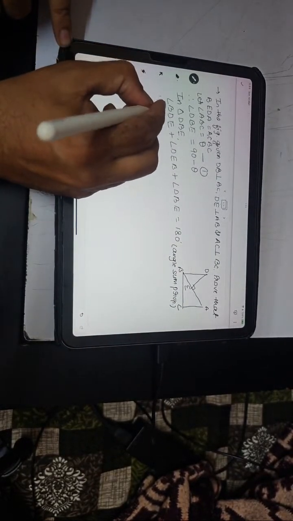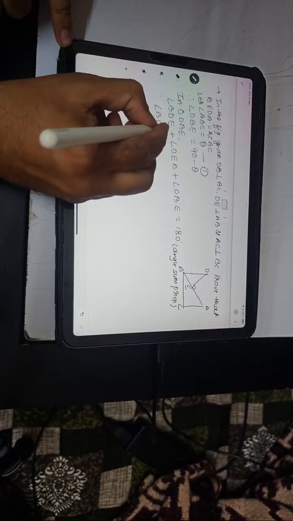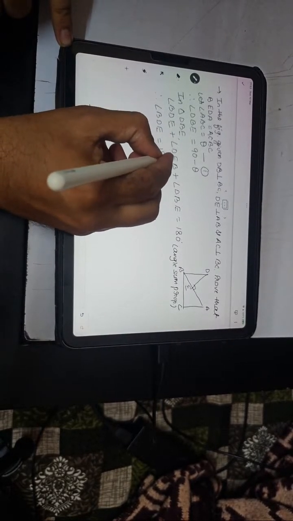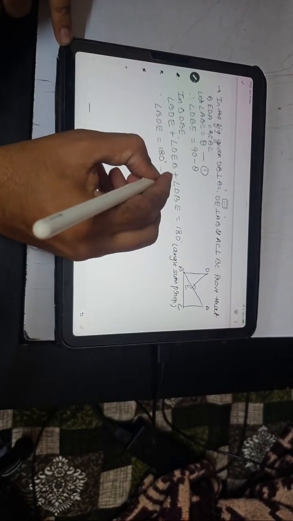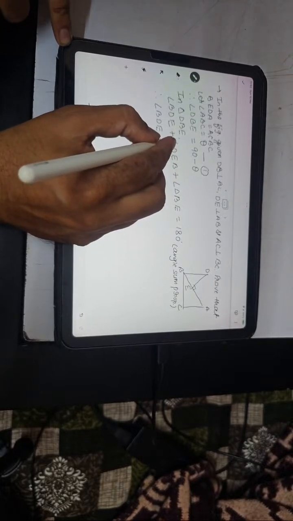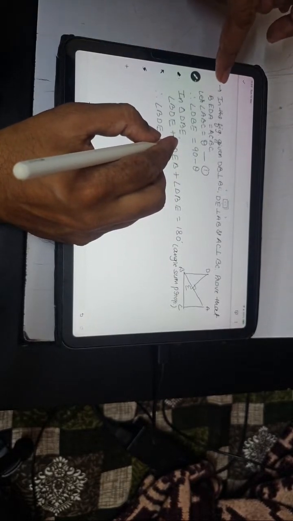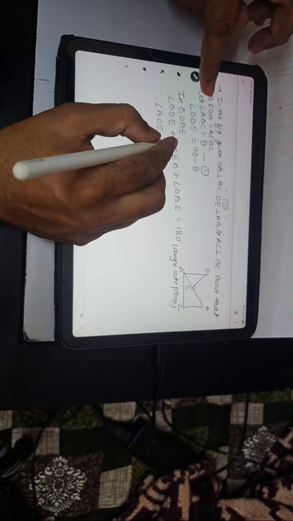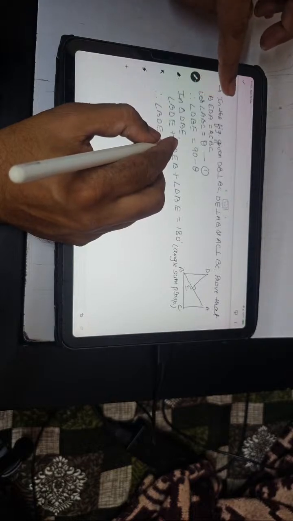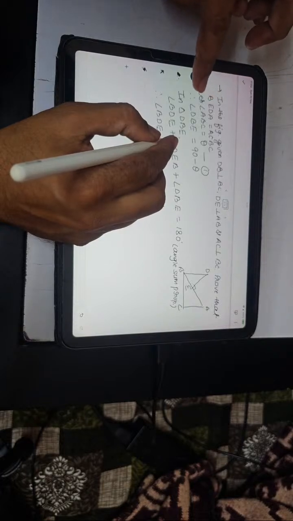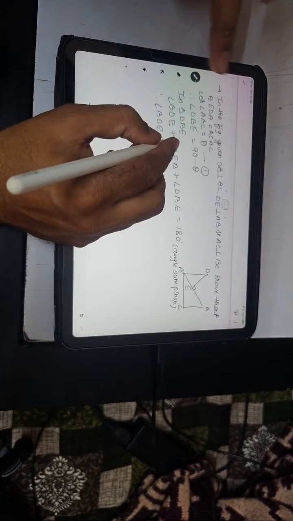So angle BDE will be equal to 180 degrees minus, see, which angles we have taken? ABC equal to theta and DBE equal to 90 minus theta.